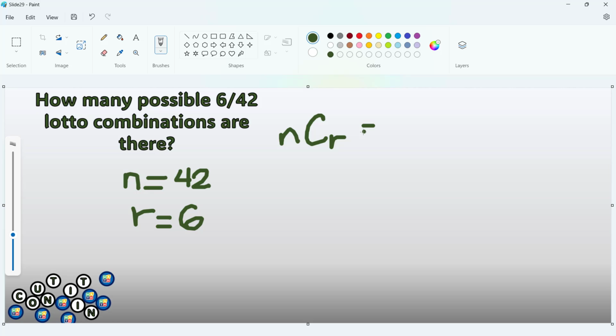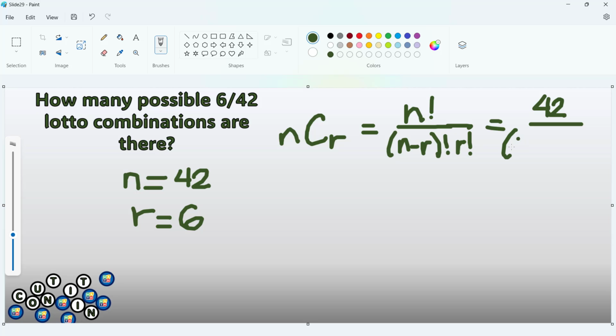So we simply need to plug it in. This formula is n factorial over n minus r factorial times r factorial, where our n is given to be 42. That's 42 numbers.